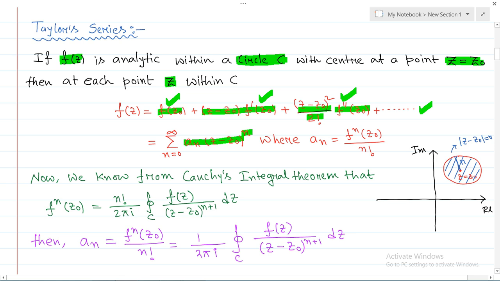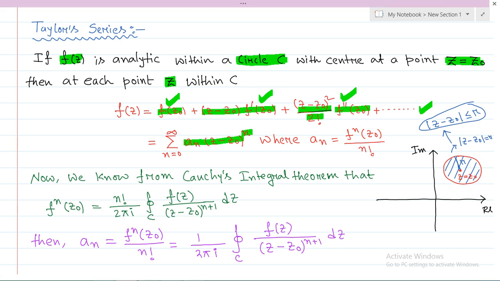Now if we want the whole region of the circle, then we have to write it as mod of z minus z0 less than or equal to r, which not only includes the boundary, but also the interior points of the circle. For this type of region, we always create the Taylor series. Now let us come back to the discussion.